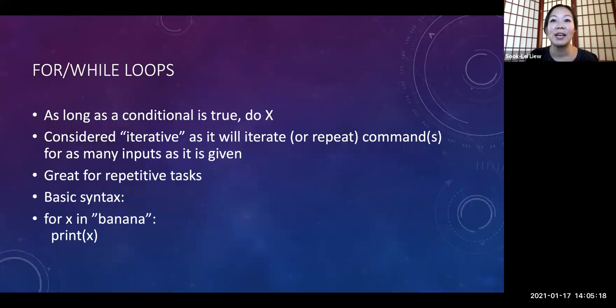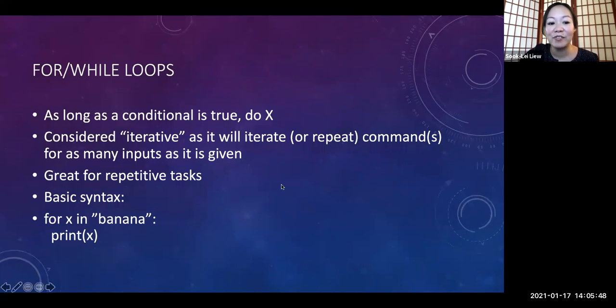So it's like, these are the basic types of arguments that computers will intake and need to know how to do. So for or while loops will do something as long as the conditional statement is true. So they're often considered iterative because they will iterate or repeat a command for as many inputs as is given and as many tasks as is true, or as many rounds as the conditional remains true.